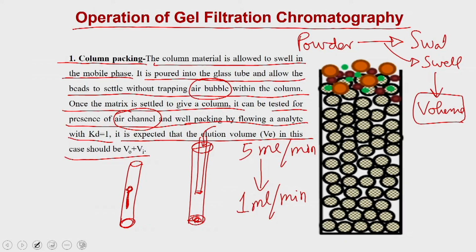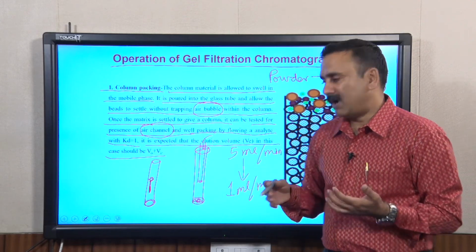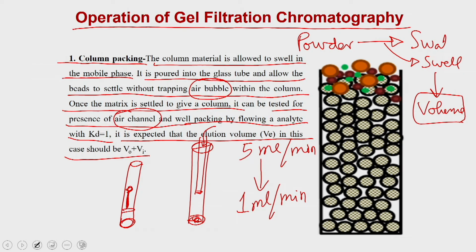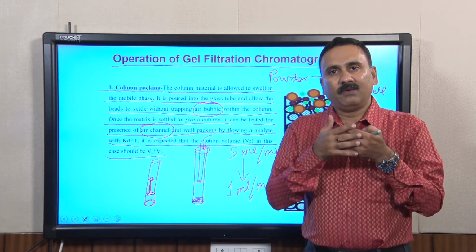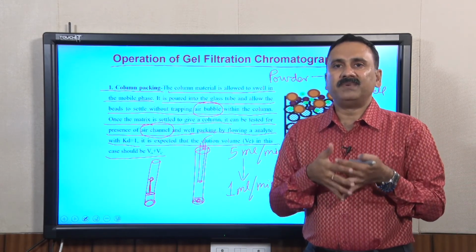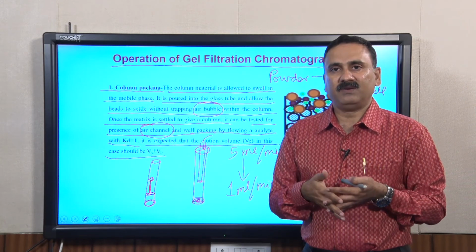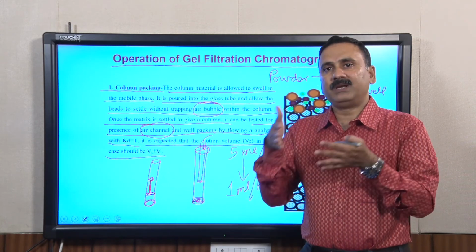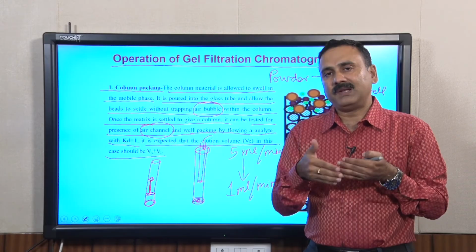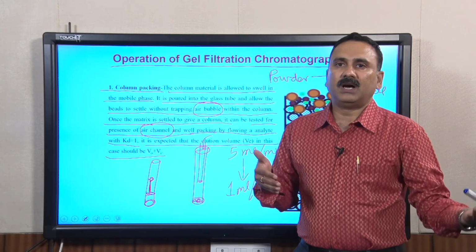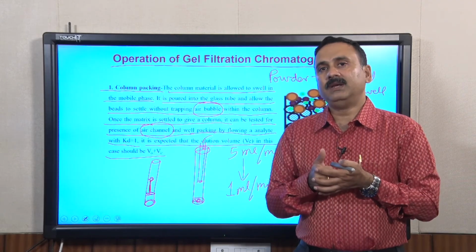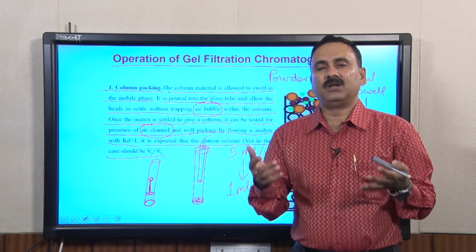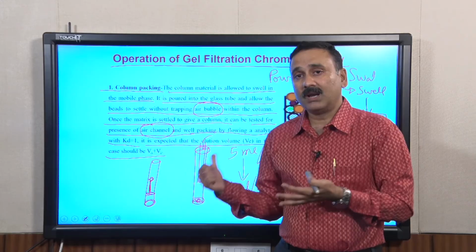Because of that they will mix up with the molecules already present in this particular layer, and as a result they will not follow the principle of gel filtration chromatography, which means they are not going to be separated nicely, and they will get mixed up with other molecules. Overall it is going to affect the separation or the resolution of this particular column.